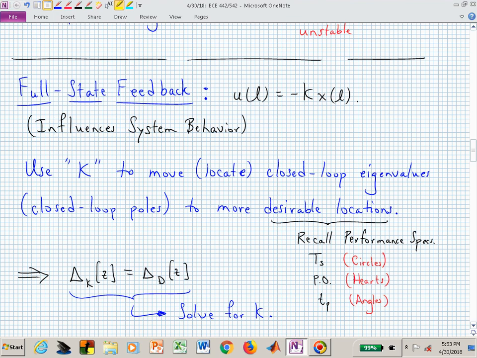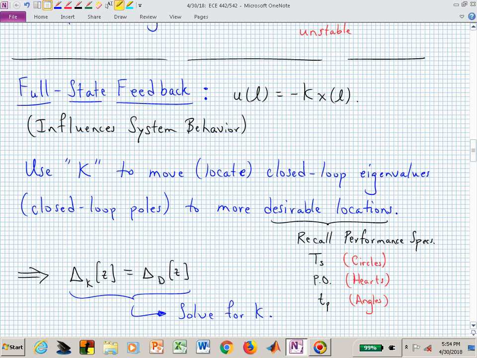And now we have our fifth order polynomial. We have z cubed times a quadratic in z, where that quadratic in z is determined by this coordinated collection of circles, hearts, and angles. And that gives us this delta sub d, our desired polynomial.